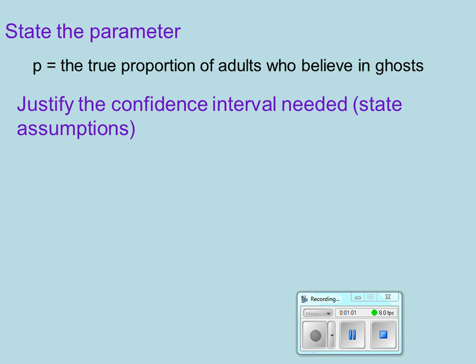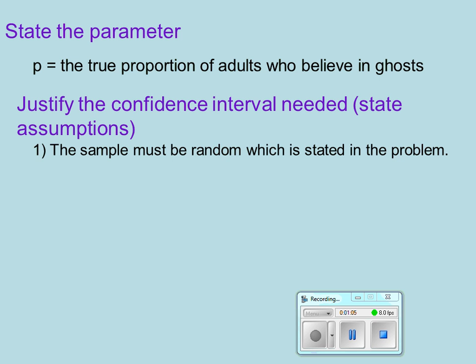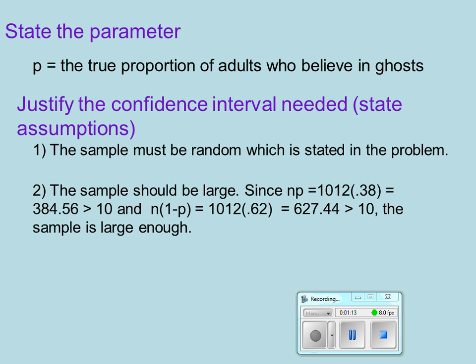Next, justify the confidence interval needed. Again, we need to take a look at our assumptions. The sample must be random, which is stated in the problem. And two, the sample should be large enough. Again, we have to look at our np. n in this case is 1012, and p, as it said, was 38%.